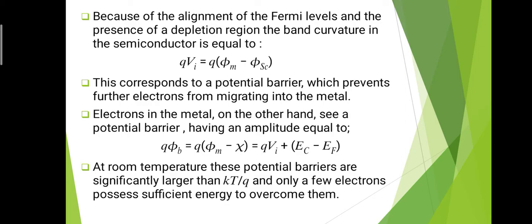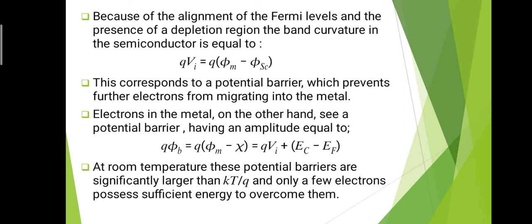Because of the alignment of the Fermi levels and the presence of the depletion region, there is band curvature in the semiconductor. We know that we define the work function for the metal, the work function for the semiconductor, and also the electron affinity. Due to the alignment of the Fermi energy levels, we have the depletion region, and this is given by QVI is equal to Q into phi m minus phi sc.